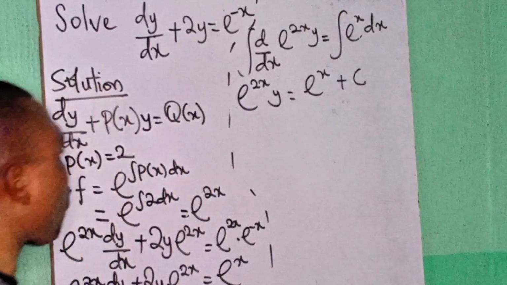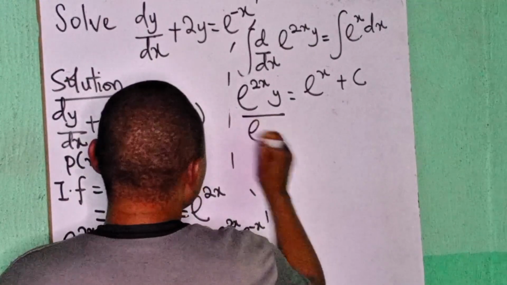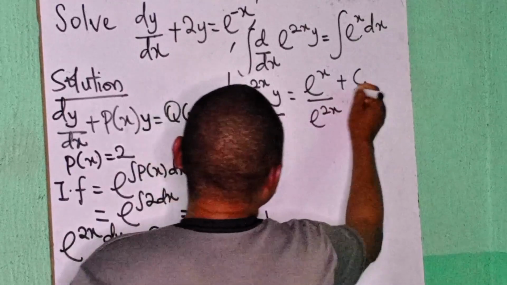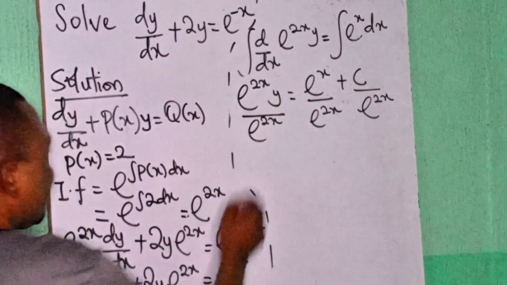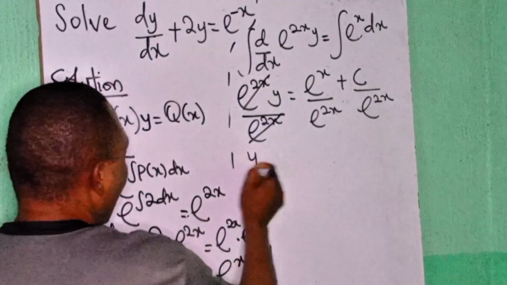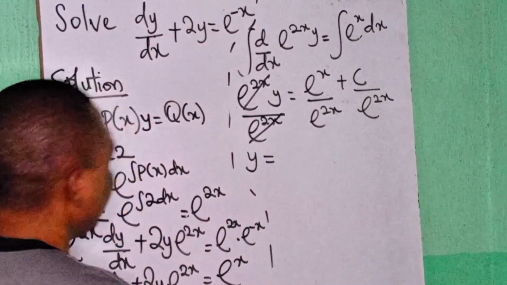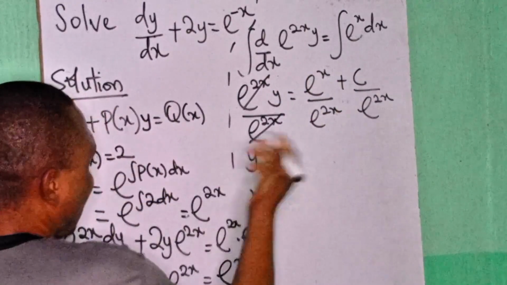Now I want my y to stand alone, so I'm going to divide all through by e to the 2x. So this and this strike out, and I'm left with y equals, from the rule of indices, e to the x over e to the 2x. How do we solve that?